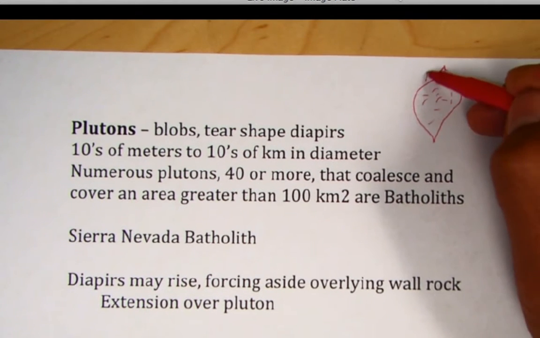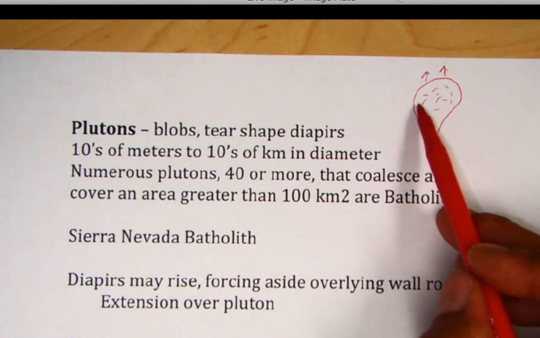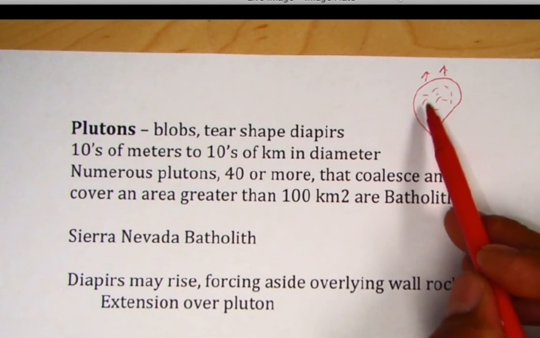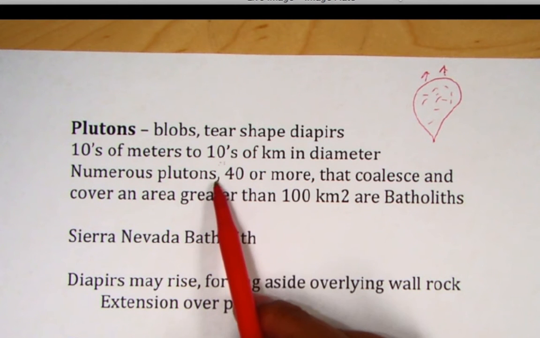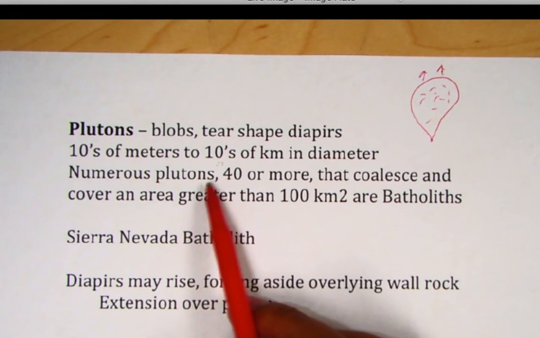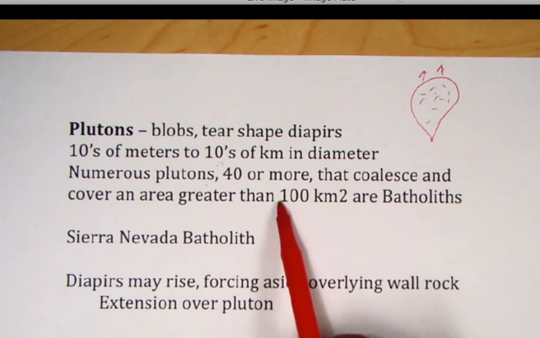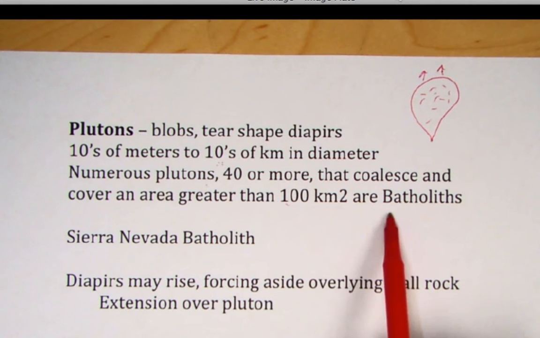These can be anywhere from tens of meters, 50, 60, 80 meters across, and some are on the order of kilometers, 10, 30, 50 kilometers, some of them in the Sierra Nevada. They're quite huge. When numerous plutons coalesce together, 40 or more, and cover an area of over 100 square kilometers, these are called batholiths.